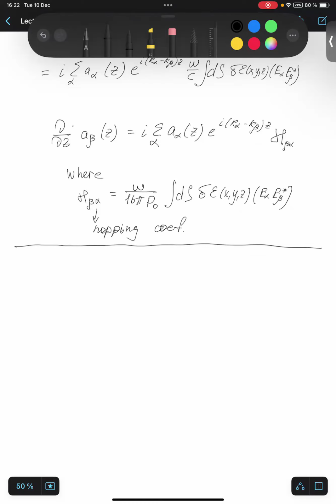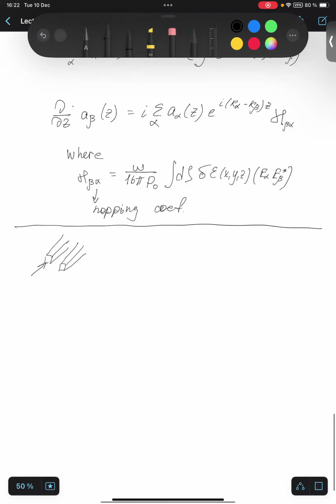So just two waveguides close to each other. We pump only one of them and see what happens.